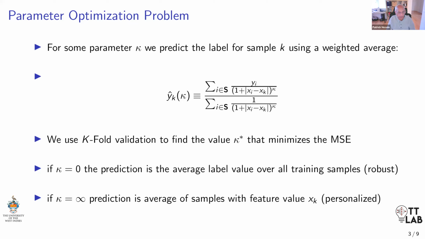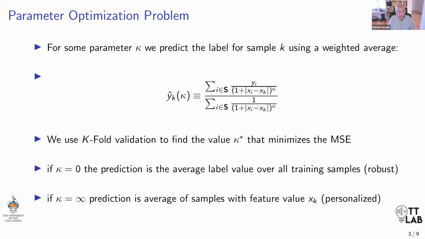As we said before, in the extreme case where kappa equals 0, that corresponds to averaging over all samples, which means that we are simply ignoring the feature because it doesn't help. There's too much noise.